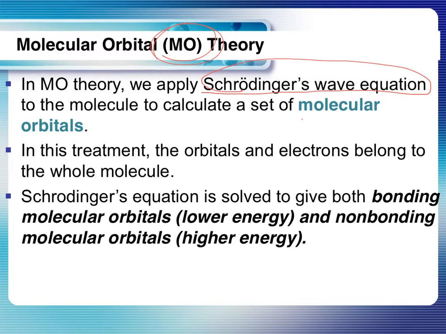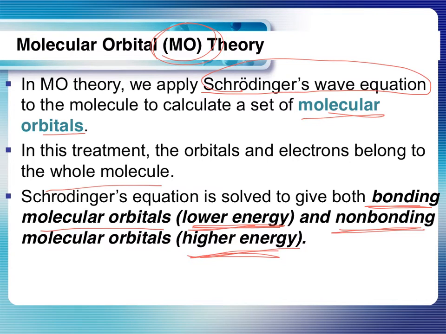And so the molecular orbital is considered to belong to the entire molecule, not just an individual atom. Basically, when we make molecular orbitals, we end up with lower energy molecular orbitals that are called bonding orbitals, and we also end up with some higher energy molecular orbitals that are called anti-bonding orbitals. This is the crux of MO theory.